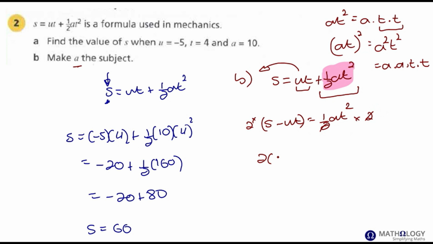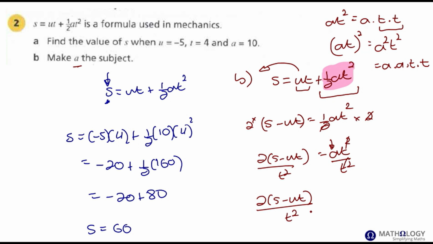So we have 2 times s minus ut on the left. And now we have at squared. And because we're trying to make a the subject, we're multiplying a by t squared, in order to reverse multiplication, we divide. So we can divide both sides by t squared now. So on the left, we have 2 times s minus ut all over t squared, and that equals a.